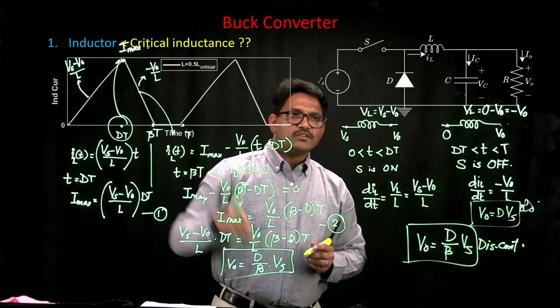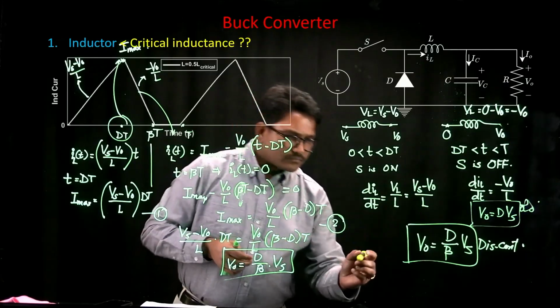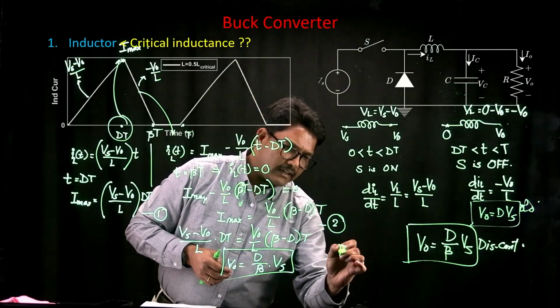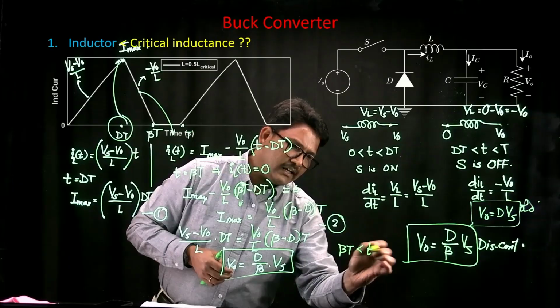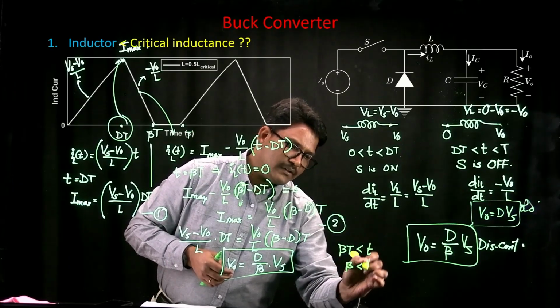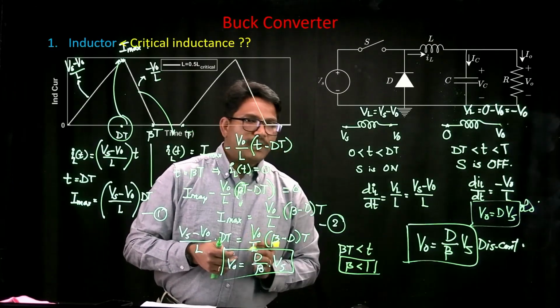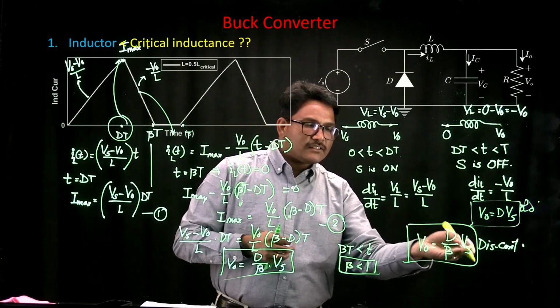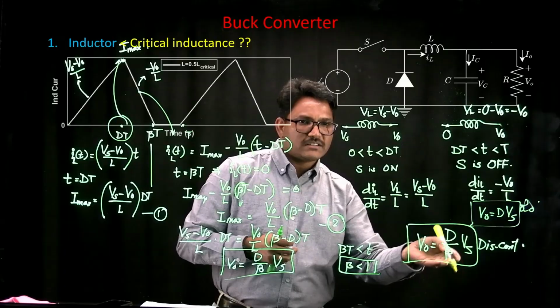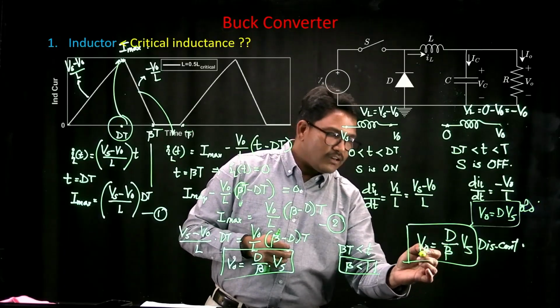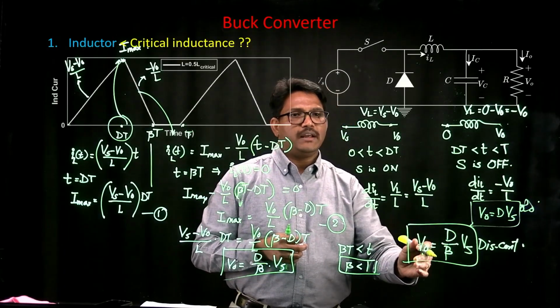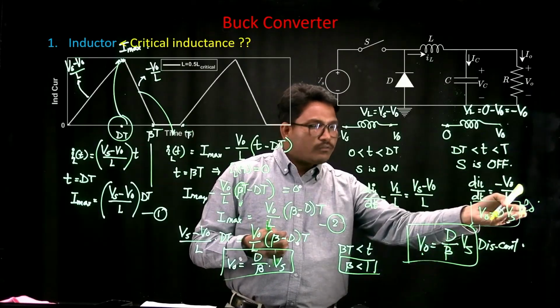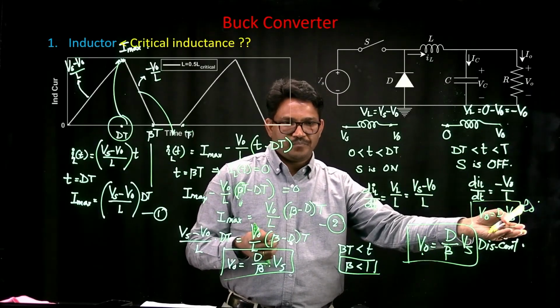If beta t is always less than t, you're in a way telling that beta is always less than 1. If beta is always less than 1, you are dividing the dVs with a factor which is less than 1, which is indicating that V naught is always going to be higher than the V naught that you would have got with d times Vs.